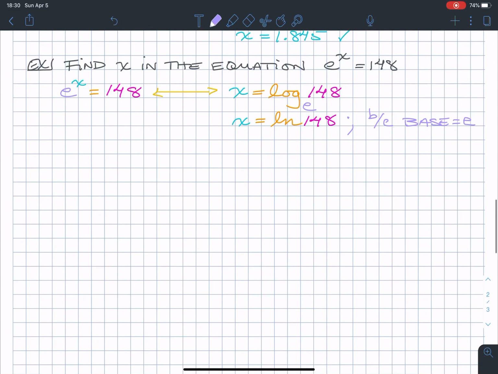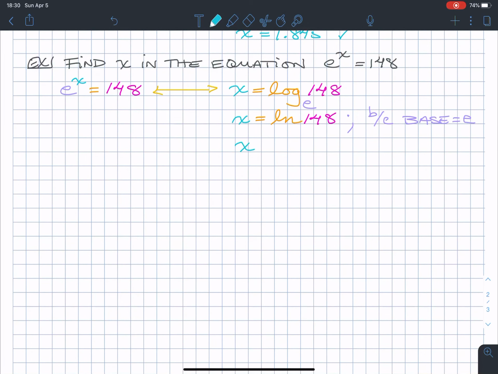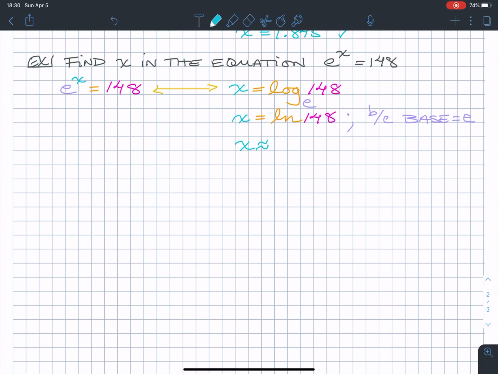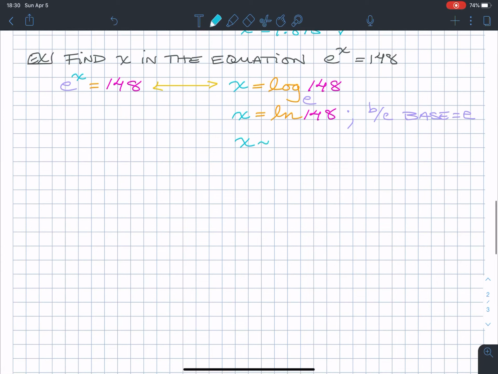Okay, so you're going to go to your calculator, and you're either going to press 148 and then ln, or you're going to press ln and then 148. It depends on your calculator. And what you're going to get is something that's approximately equal to 5. I tried to make it as close as possible.